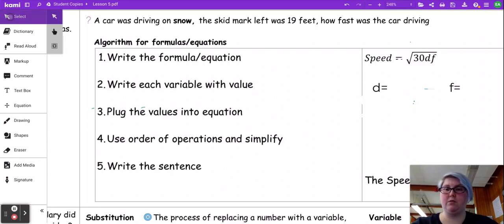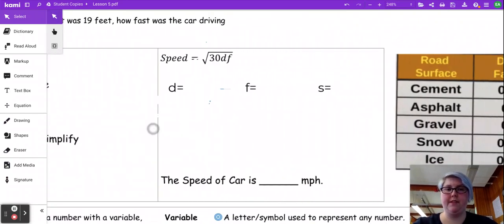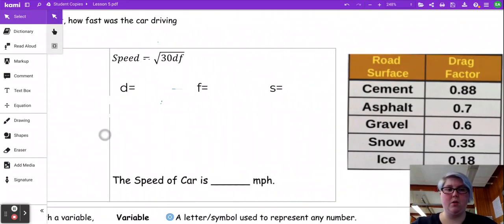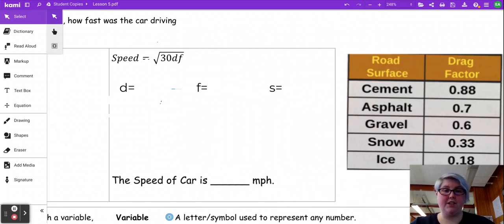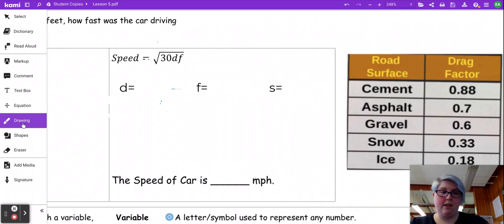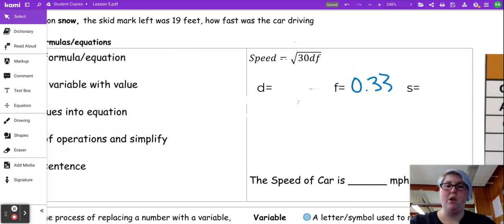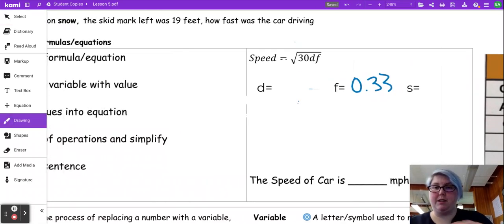So let's scroll on over. We know the drag factor of snow is 0.33. I pulled this handy dandy table from our middle school math problem. And the skid, we know, was 19 feet. That's what it says up here, 19 feet and snow.